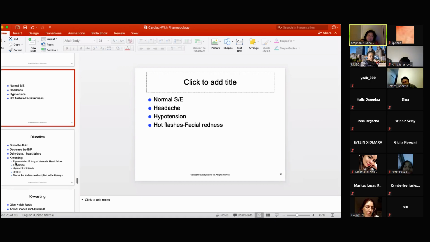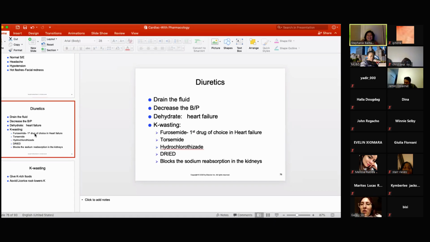One more D: diuretics. Diuretics decrease the blood pressure by draining the fluid. By excreting all of those fluids, you are decreasing fluid retention, thereby decreasing the blood pressure.